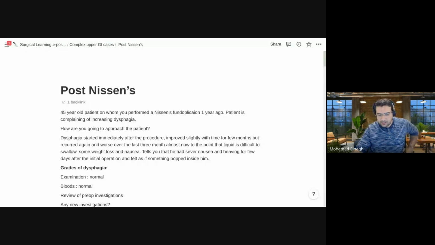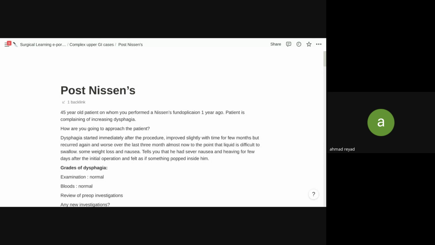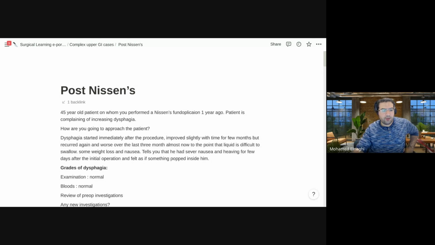Can you see it? Yeah, I can see. So you got this 45-year-old male patient on whom you performed a Nissen fundoplication 1 year ago, and the patient is now complaining of increasing dysphagia, and you are seeing him in clinic. So how are you going to approach him?